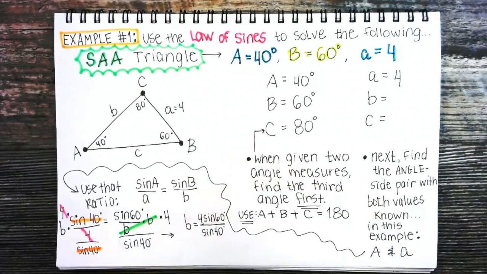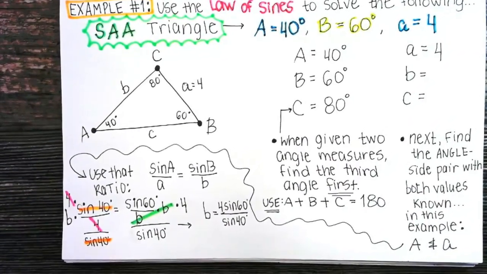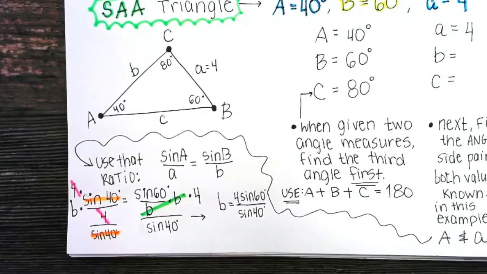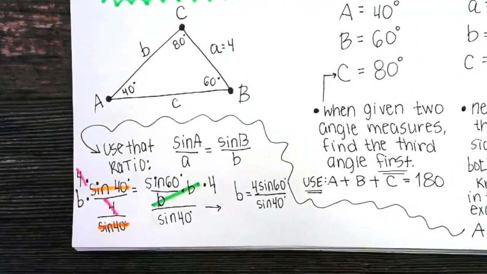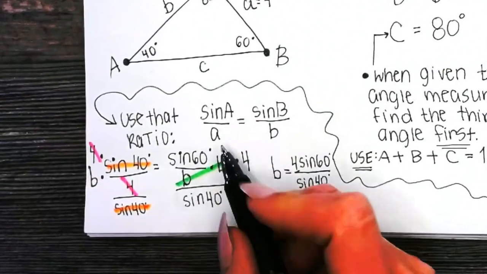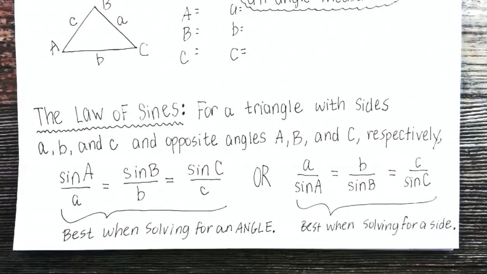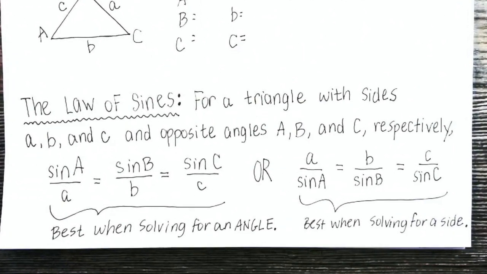And that was an awful lot of work for something that could have been a lot simpler. What do I mean by that? Well, on the previous page, I had told you that we could have set up our ratio the other way around. By setting up our ratio the other way around, it would be easier to solve for a missing side.